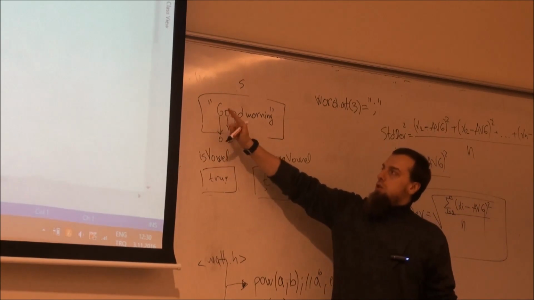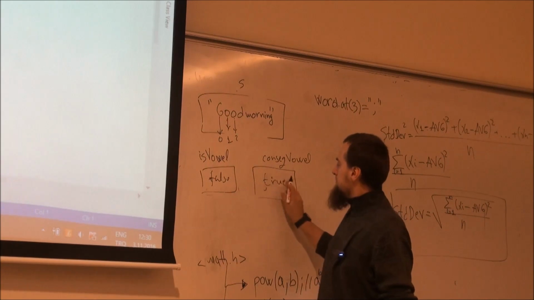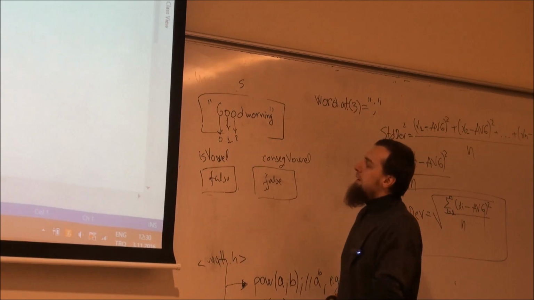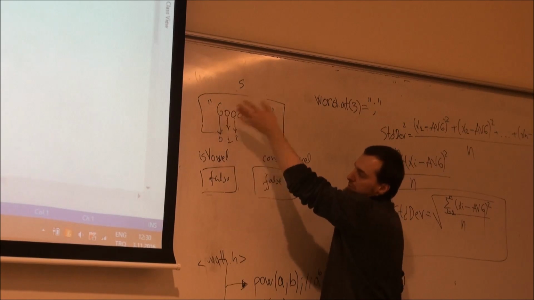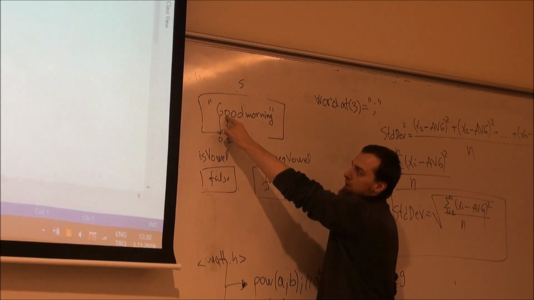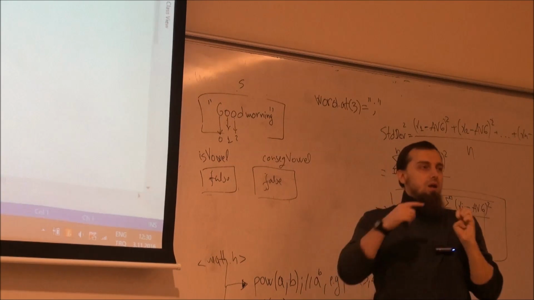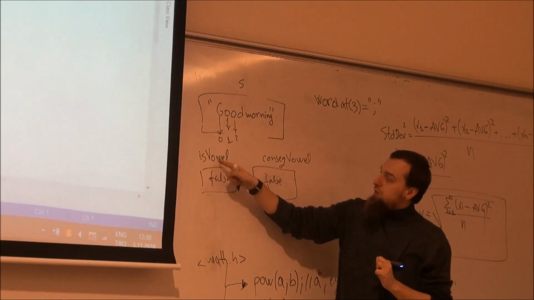Again, I start with G. Initially everything is false. And I say is G a vowel? No, it's not a vowel. Okay, go on. I go with O. Is O a vowel? Yes, this is a vowel. Now I want to check whether the previous one is a vowel.